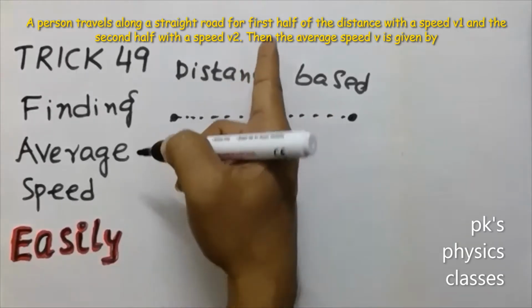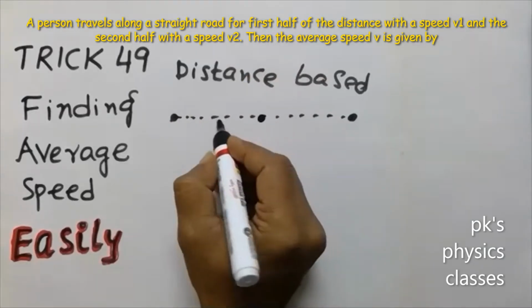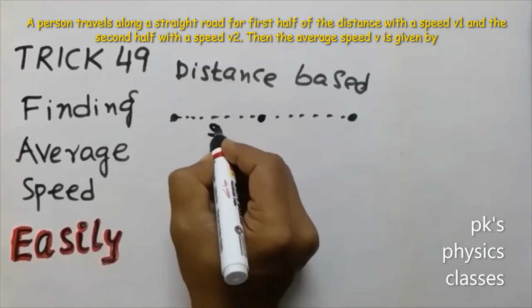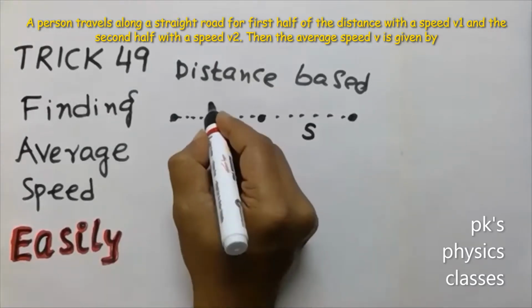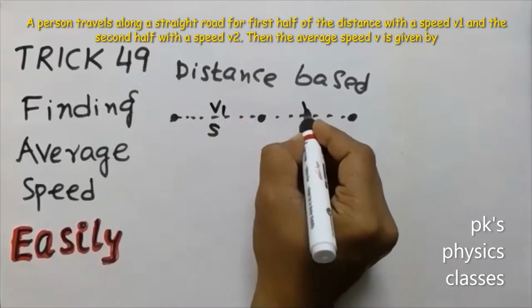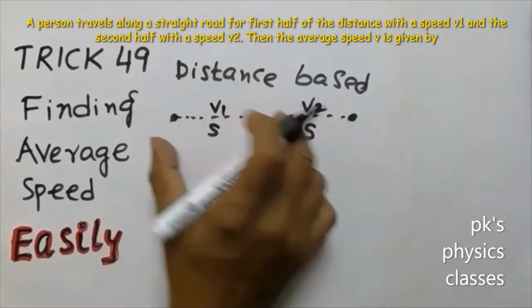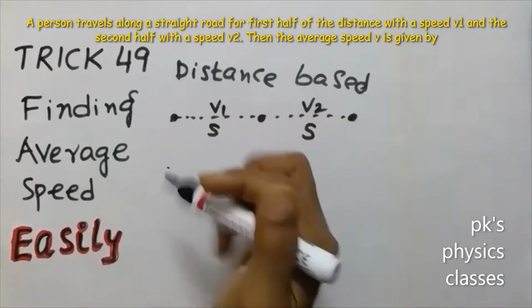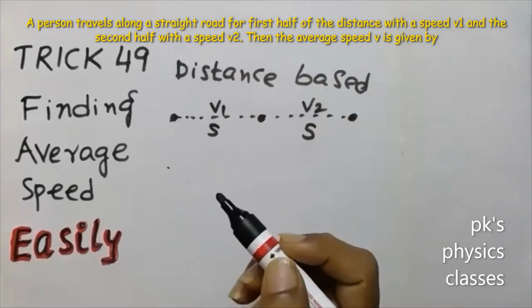In this question, half of the distance, you call it as S only. Don't make it half. Call it as S. And here it traveled with v1 speed, and here this distance is covered with v2 speed. Both are equal. First half, second half. Total distance 2s. Now the average speed v you have to find.